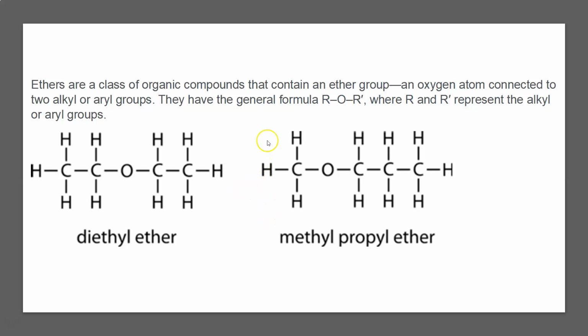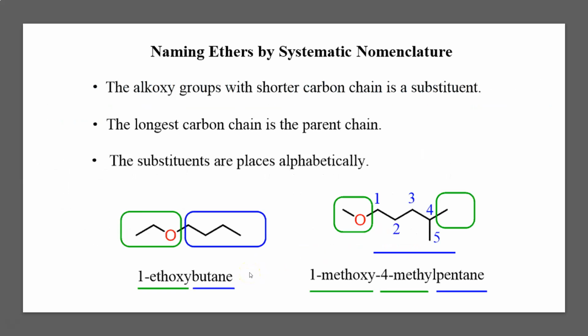Ethers is a compound that contains an oxygen between two atoms of carbon. Here you have the diethyl ether, and here the methyl propyl ether. The way we must name the ethers is using the alkoxy groups with shorter carbon chain as a substituent.